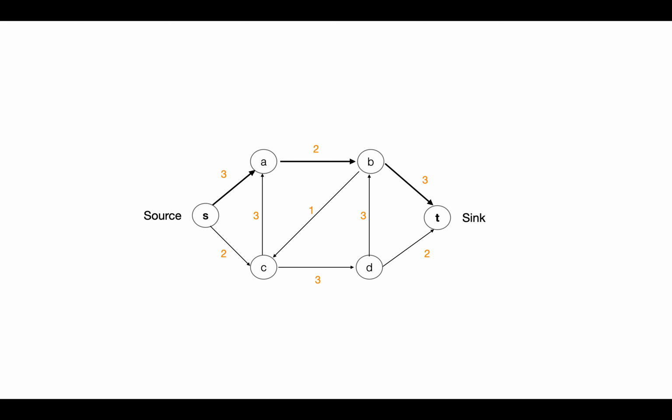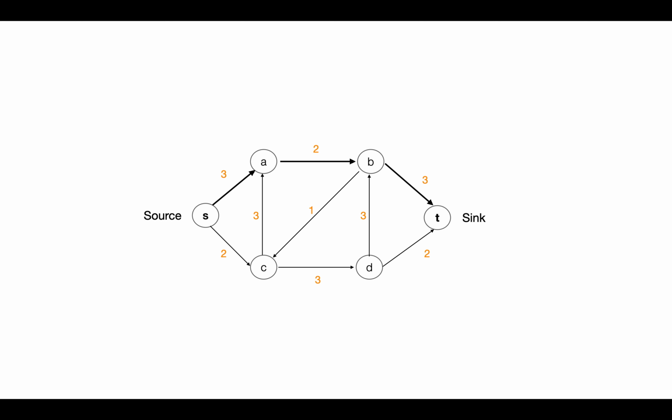But we can only take 2 units further to the next pipe, which is AB, because the capacity of this edge AB is 2. And then there comes the third edge, BT, having capacity 3. But again, as we will be having only 2 units coming from AB, we would only be able to pass 2 units from this edge BT as well.